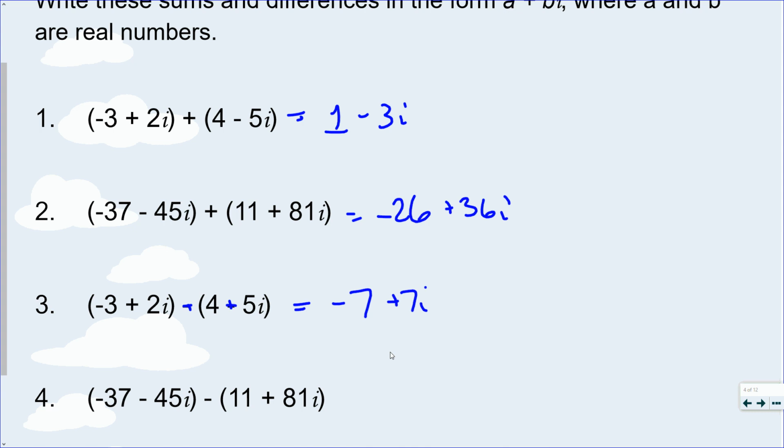All that works just lovely. Same thing with subtraction. Negative 37 minus 11, negative 48. Negative 45 minus 81, you get an even bigger negative, minus 126i. Okay? No issues there. We're going to treat it just like we treat a variable.